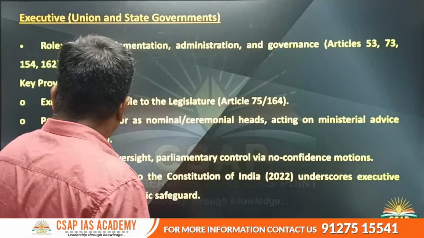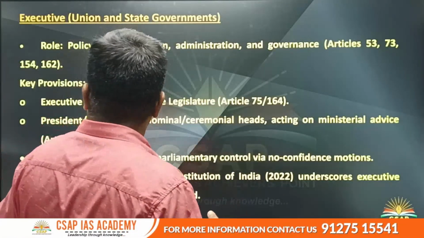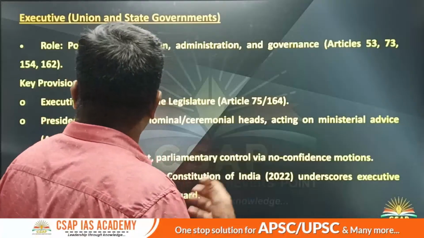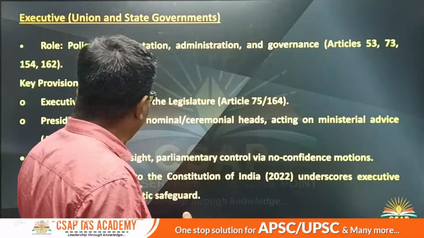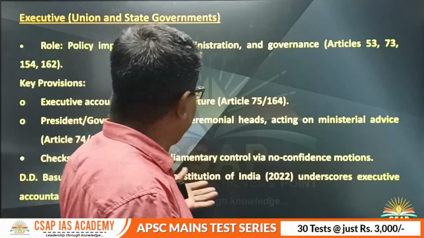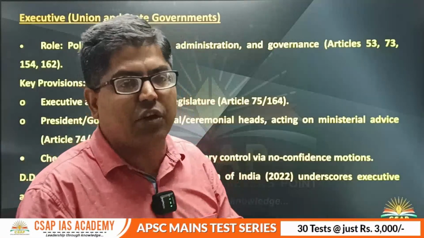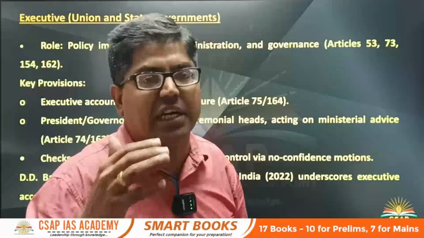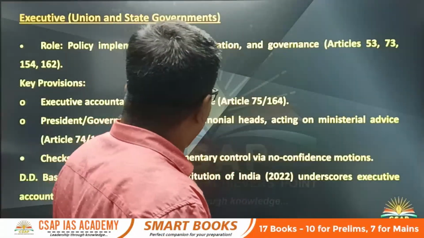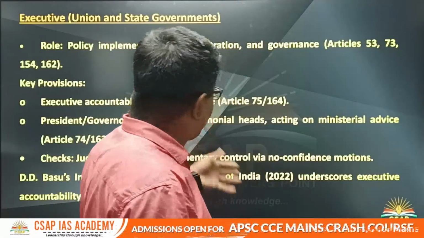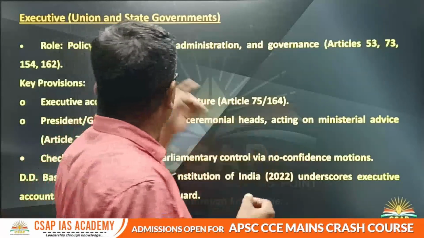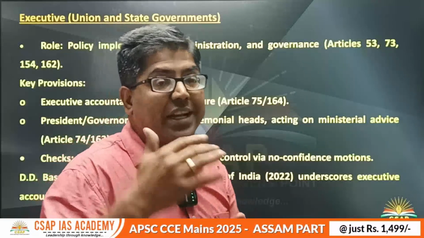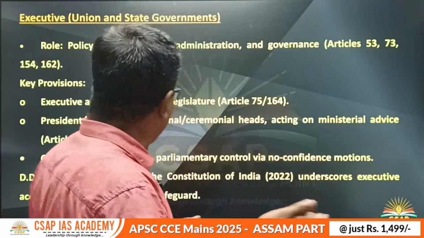So here again you have checks, so that the executive does not abuse the power at its disposal. We have judicial oversight, for example, and many of the actions of the executive have to pass the judicial test, and then we have parliamentary control via no confidence motion. So the parliament can have greater control over the executive, just to ensure that the executive doesn't abuse the power.